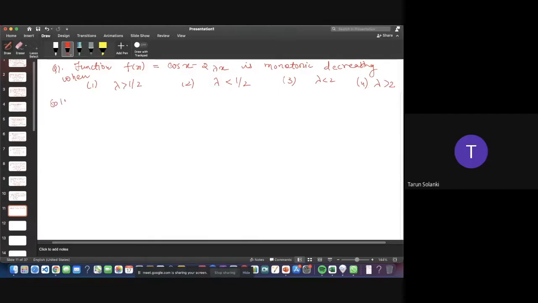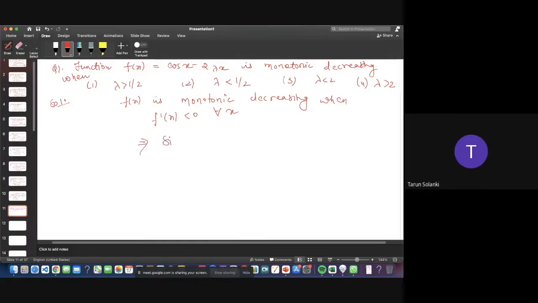So we can say f(x) is monotonic decreasing when f dash x is less than 0 for all x.